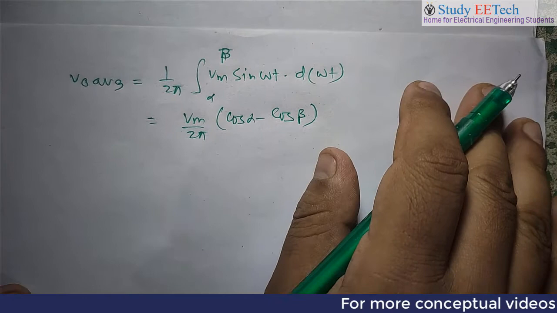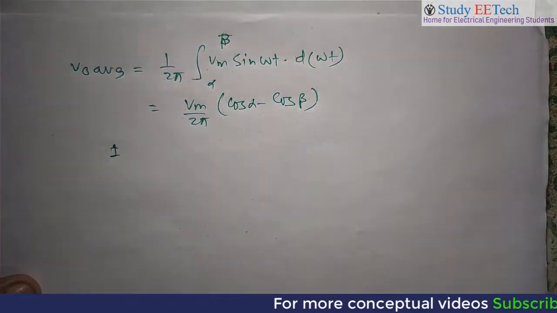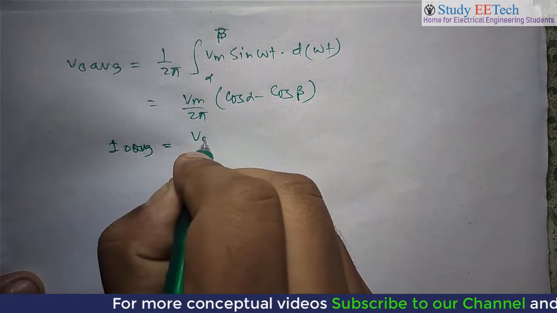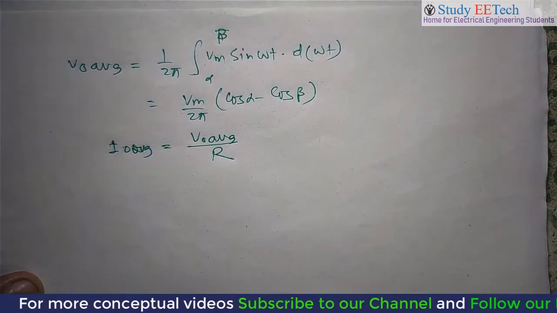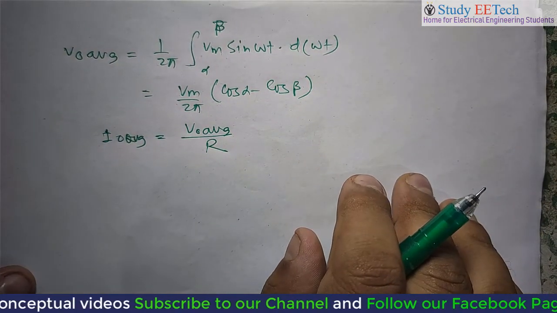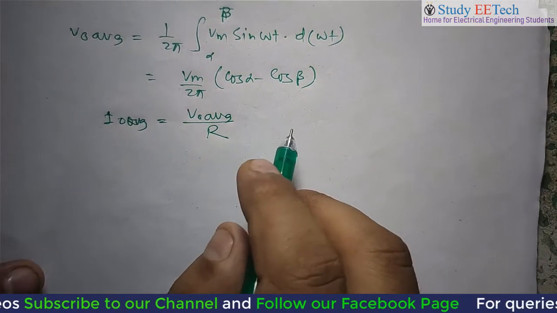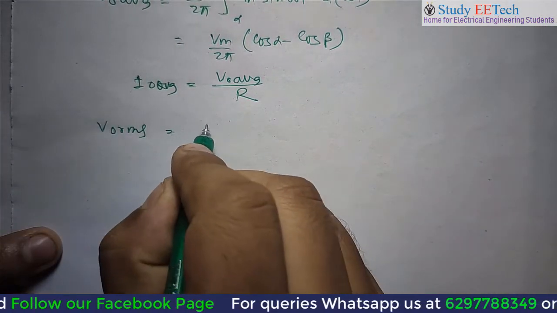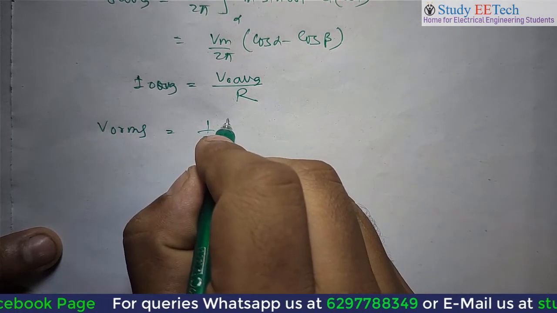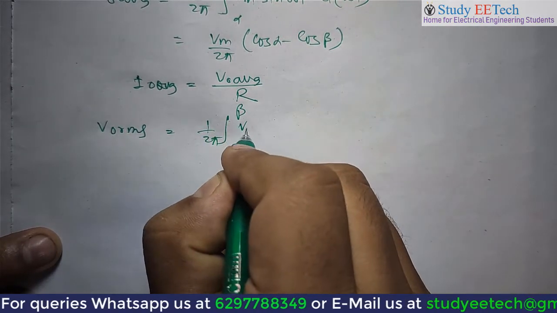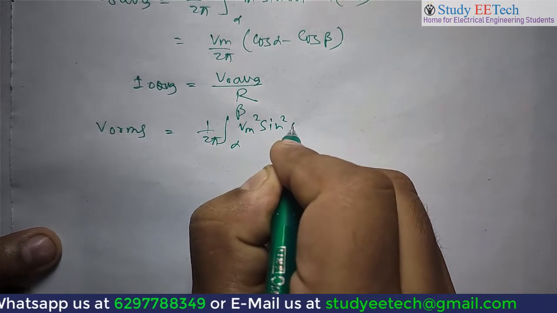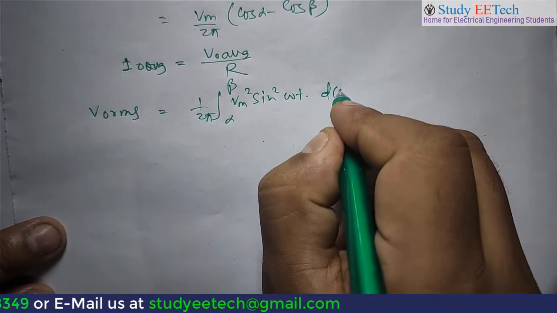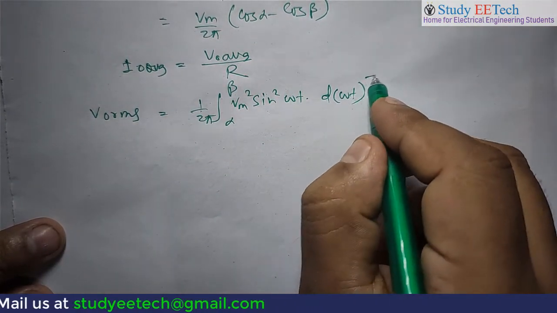This is the average output voltage, and the average current IO average will be VO average divided by R. Similarly, the RMS voltage can also be calculated: square root of 1 by 2 pi into the integral from alpha to beta of Vm square sin square omega t d of omega t.